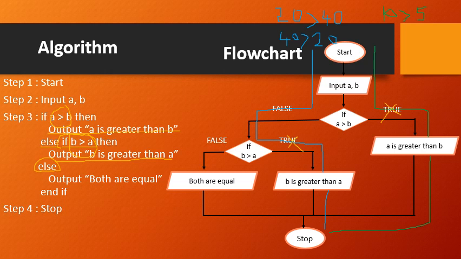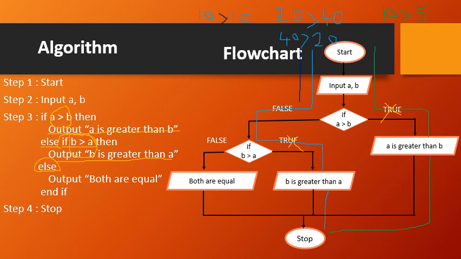In the third scenario, let us consider the first number is 10 and the second number is also 10 here. Both the numbers are the same. Let me change the pen color here to another one. Now start, input two numbers, A is 10, B is 10. It will check the condition here. Is 10 greater than 10?